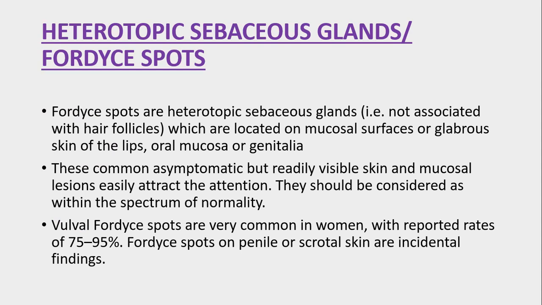The second last condition I'm going to discuss today is the heterotopic sebaceous glands, also known as the Fordyce spots. The Fordyce spots are the heterotopic sebaceous glands, which are not associated with hair follicles, and these glands are located on the mucosal surfaces of glabrous skin of lips, oral mucosae, and genitalia.